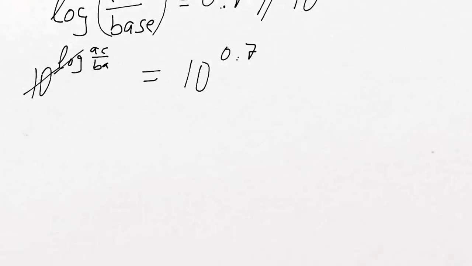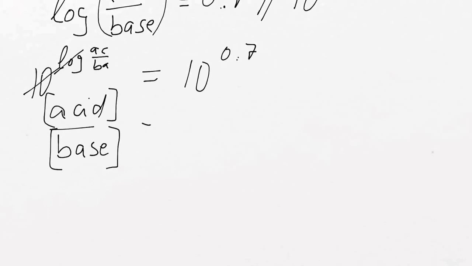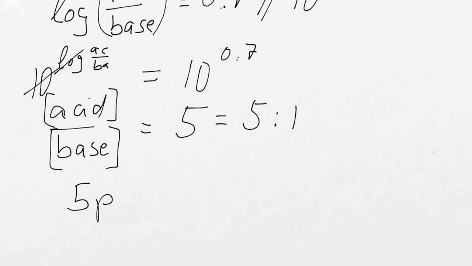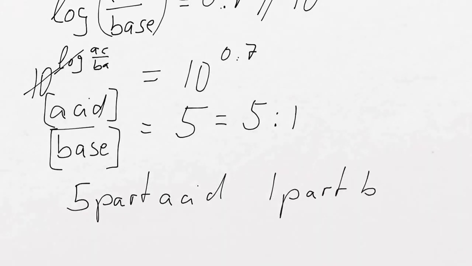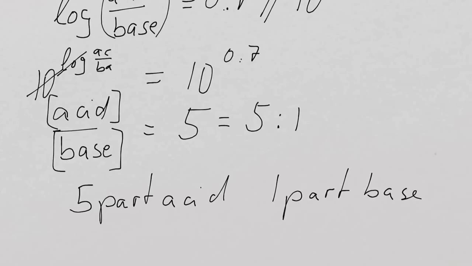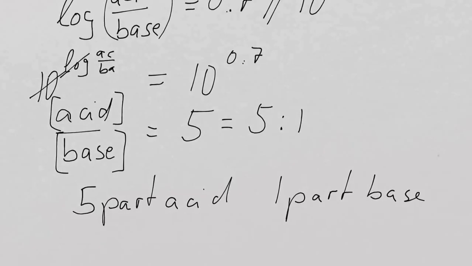Now 10 and log cancel out, so we have acid over base concentration equals, and we just put that in the calculator and we get 5. We can write this as 5 to 1. So we need 5 parts acid and 1 part base to achieve the desired pH of 6.5.